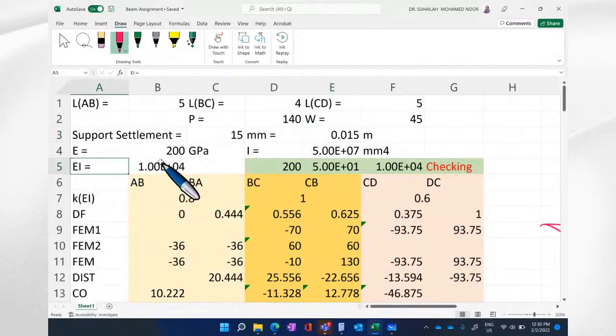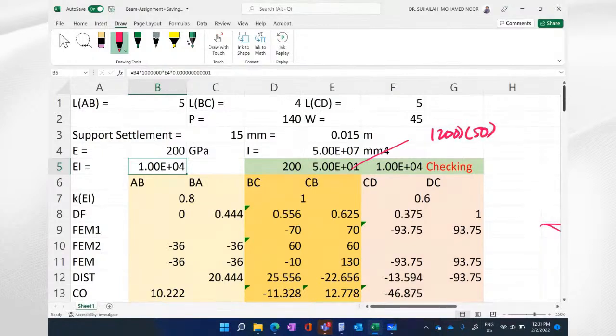So EI, when we combine, we get this. If we simplify, it is 200 times 50, which is 10,000, so we get 1 times 10 exponent 4. This is the same thing.